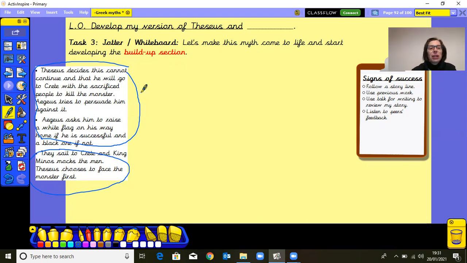Now, remember, it's a build-up section. It's called build-up for a reason. This is where you're going to start building up a bit of tension. This is where you're going to give more details about the characters and maybe what they're like, what they feel, what they're going to do when they arrive in Crete.